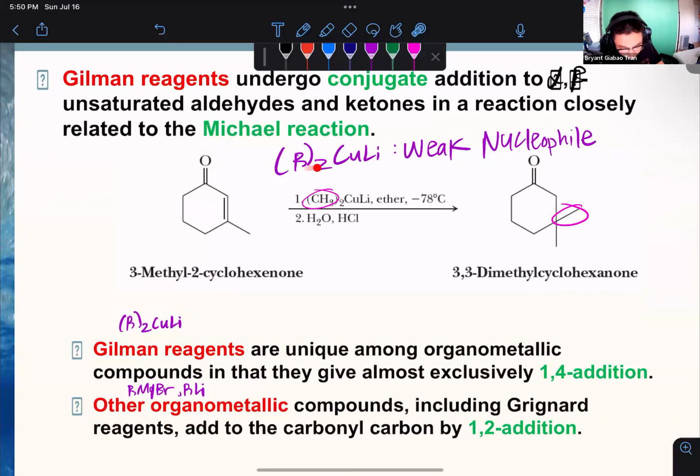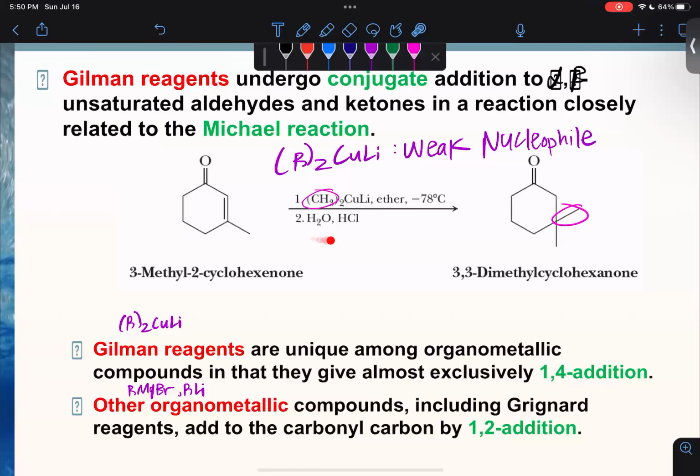And a Gilman is R2CuLi. And the R just attaches one time. So in this case, you see how here we have (CH3)2CuLi? This CH3 attaches to the fourth position only once right here. So this is the only organometallic compound that'll give us 1,4.